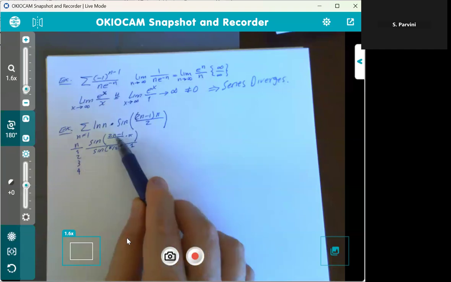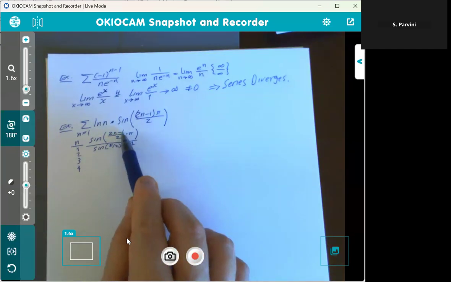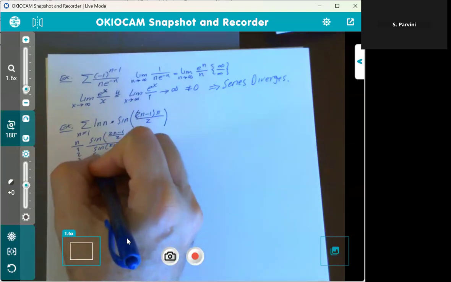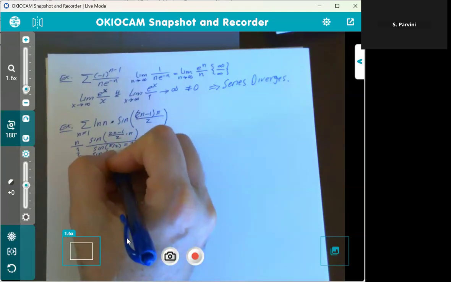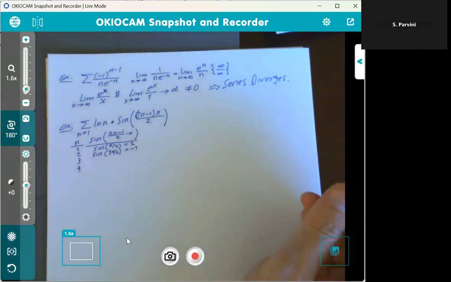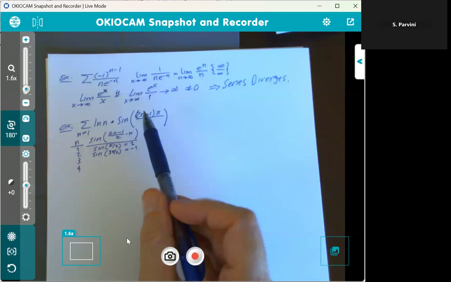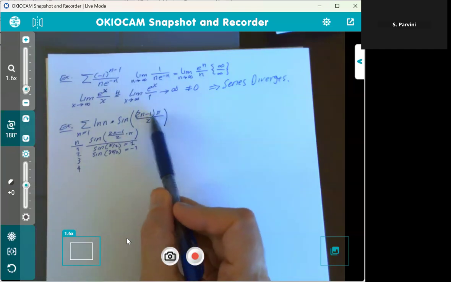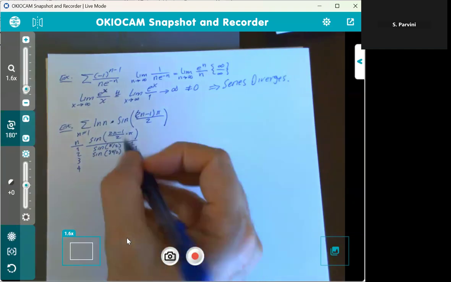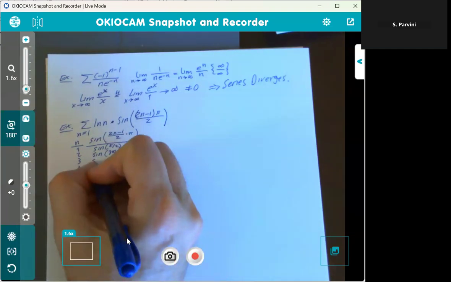When n is 2, we have 2 times 2, 4, minus 1, 3. So it becomes 3 pi over 2. So the next value is sine of 3 pi over 2, and that is negative 1. When n is 3, that's 6 minus 1, 5, so 5 pi over 2. Well, 5 pi over 2 is 3 pi over 2 plus pi, so that puts you back at 1.